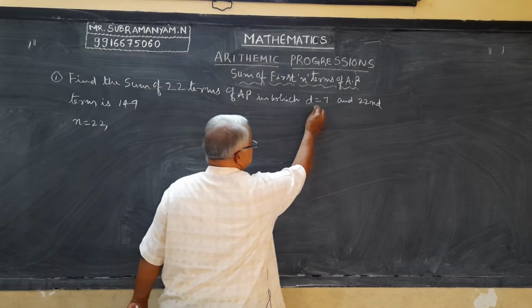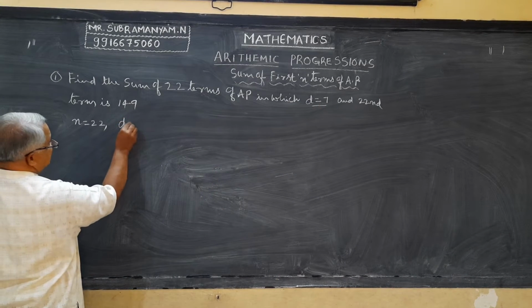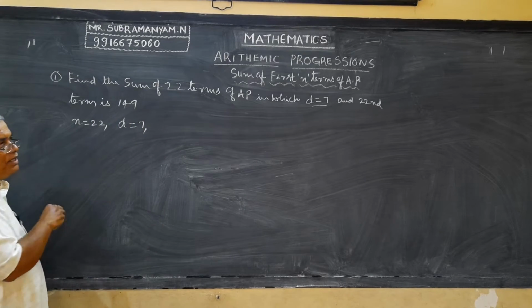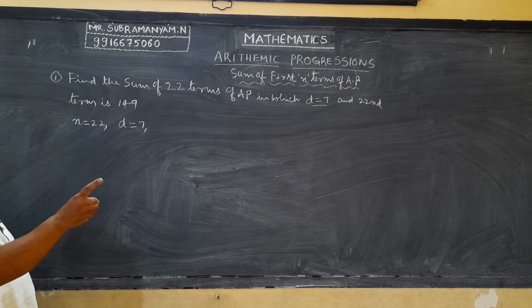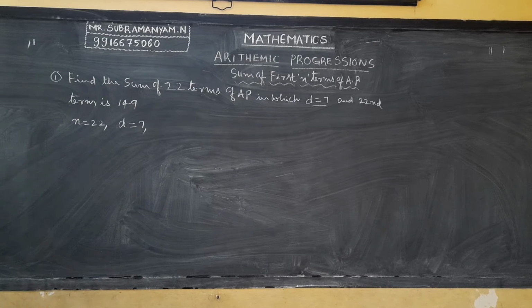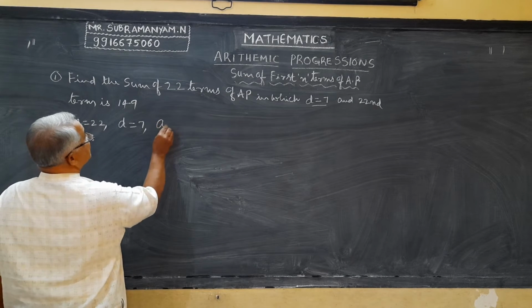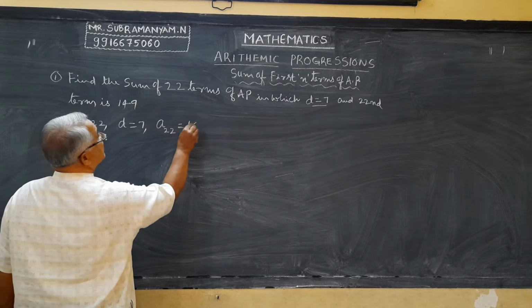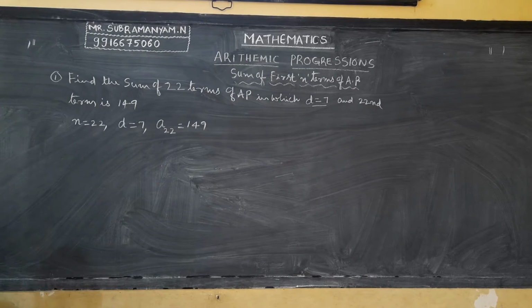And what is this? D value? D value is 7. What is 149? It is the 22nd term. How do we write the 22nd term? We write a22 equal to 149. What we have to find?